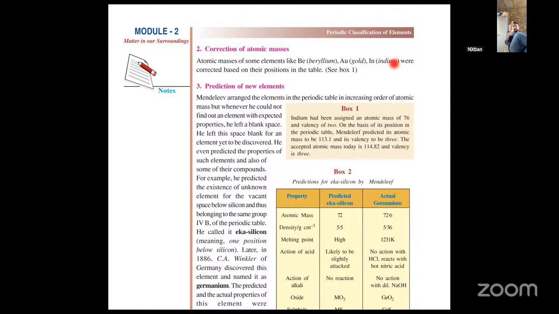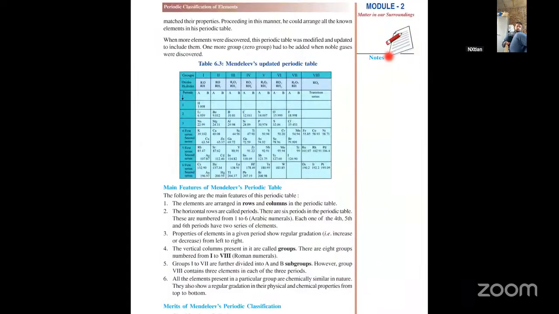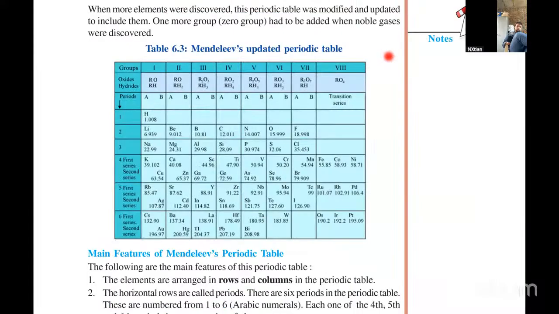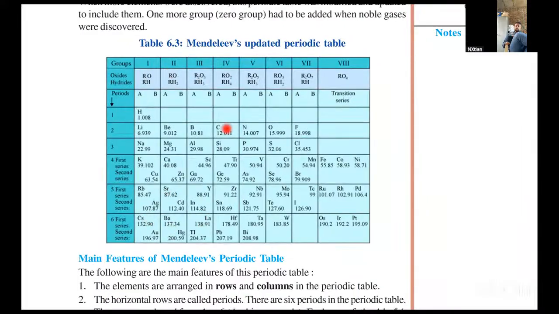He corrected some of the atomic masses on the basis of his table, because when arranging, he was not getting the properties in a group, and in a group the properties are the same. So when he put beryllium in the place of boron, beryllium and aluminum have similar group properties, no?